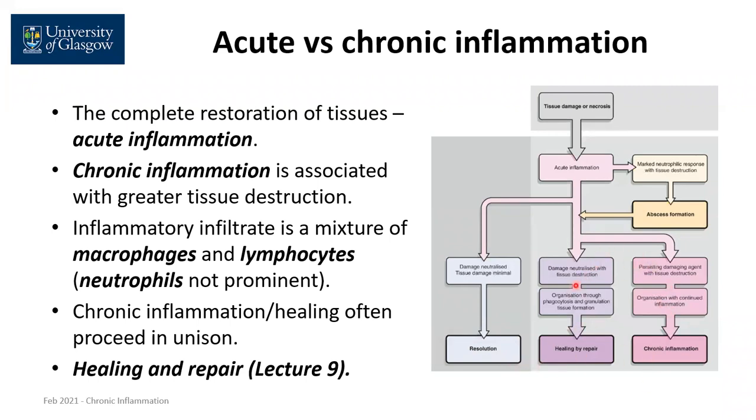And these are the 2 components that we're going to talk about in today's session and also in the next session, the healing and repair session in lecture 9, where basically chronic inflammation can occur and proceed in unison with healing by repair. So we'll talk about that in a lot more detail in today's and the next session.